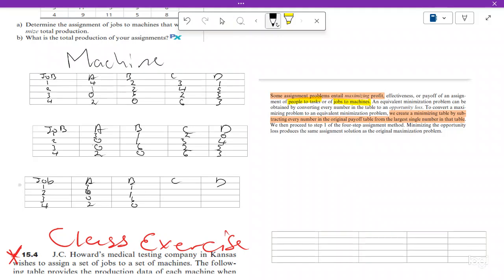The 2 again. 0, 1 again. And then 0, 4. 0, 4, 5, and 3. All rows have a 0.